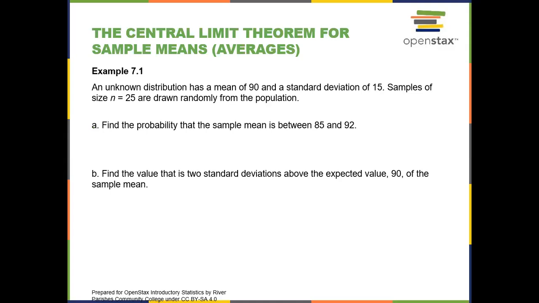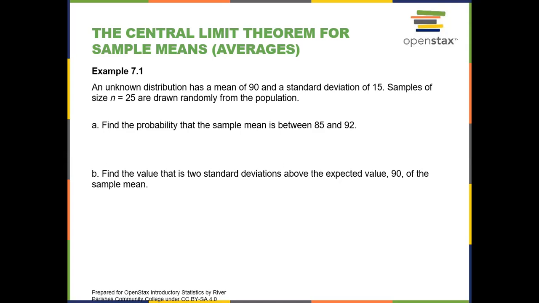An unknown distribution has a mean of 90 and a standard deviation of 15. Samples of size n equal to 25 are randomly drawn from the population. Okay, unknown distribution.